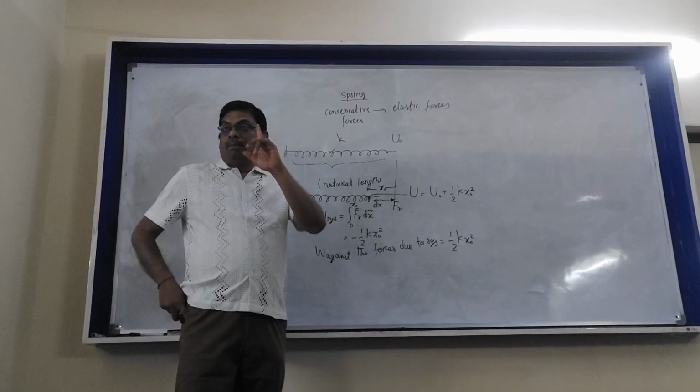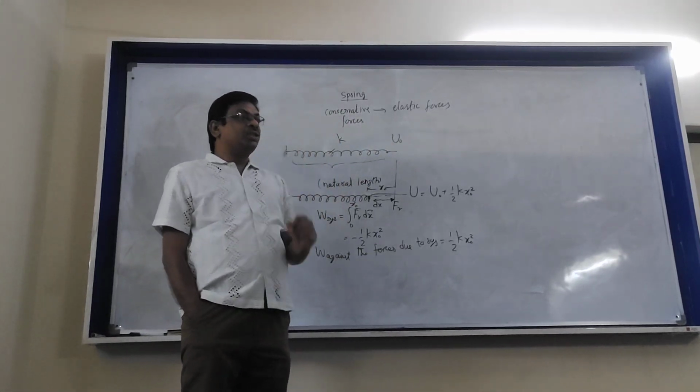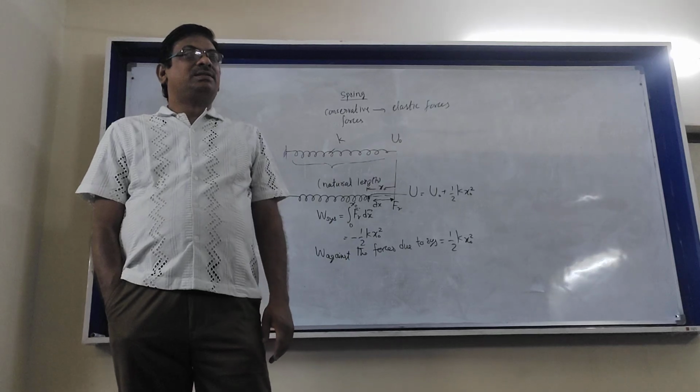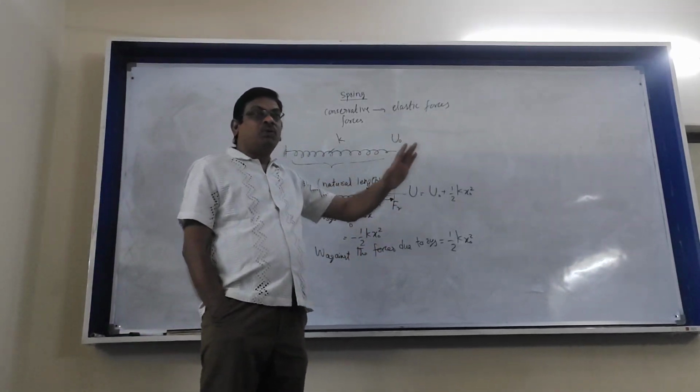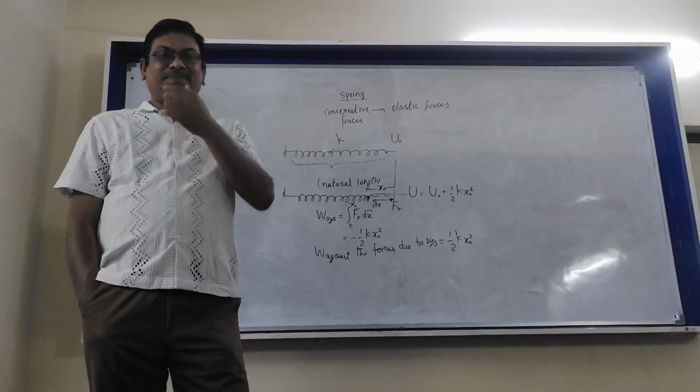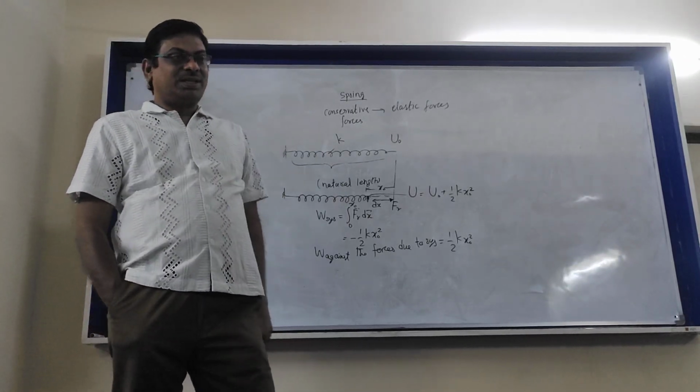Now, what was the initial potential U naught? Nobody knows on this planet. The value of U naught is not known by any person on this planet. Are you understanding?